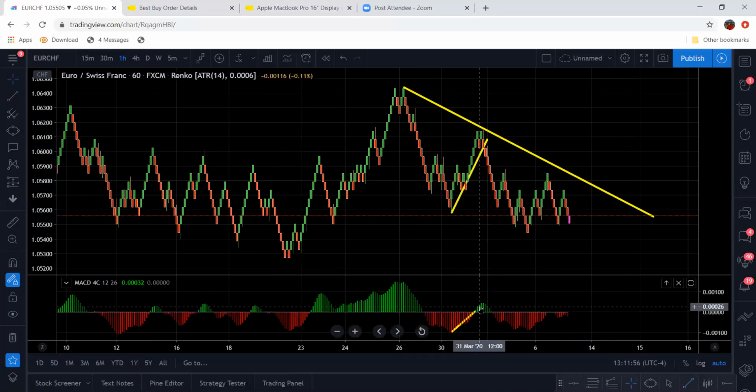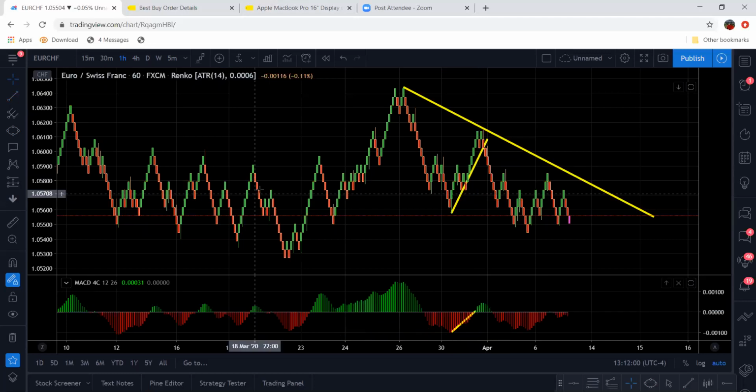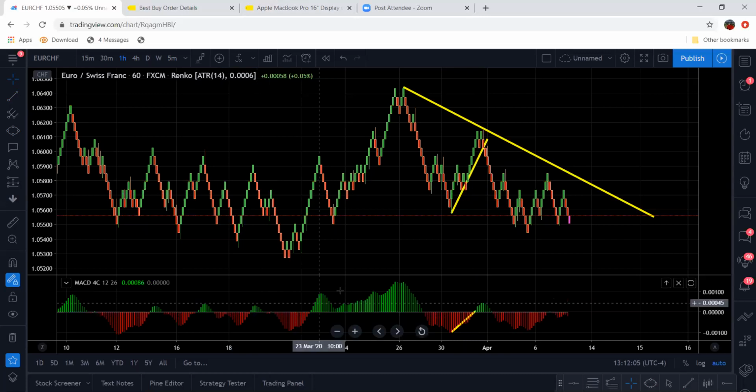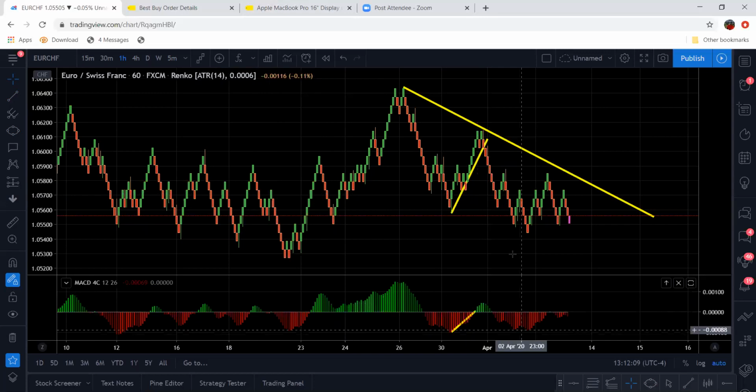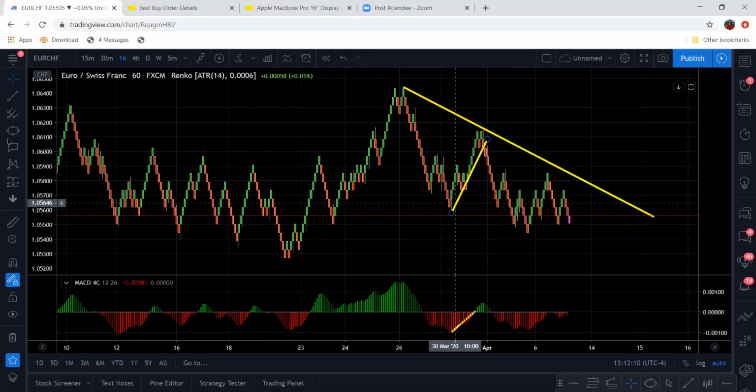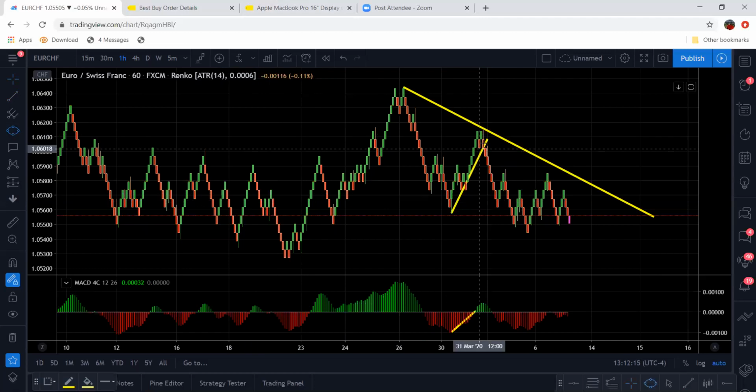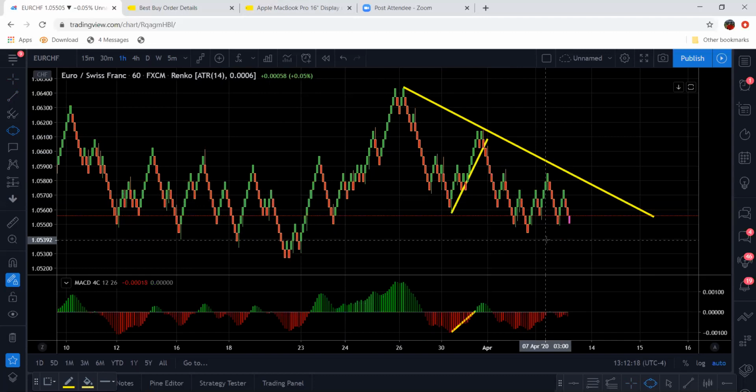You always want to see some momentum on the other side. So if I'm looking for a buy, I want to see some bearish momentum before that buy happens. If I'm looking for a sell, I want to see some bullish momentum before that sell happens. Let that pull back, and literally all I'm waiting for is about 2 bricks or a brick with a wick to confirm that reversal.